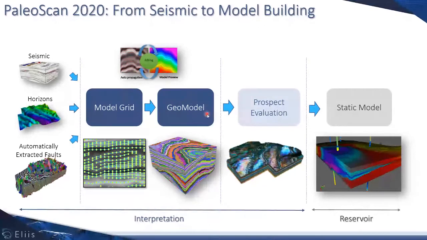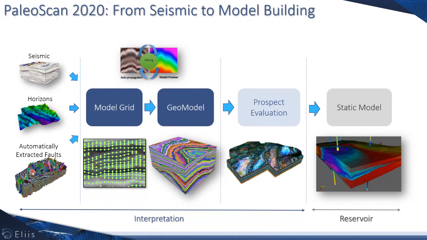So just to go back to the model grid, you can see that seismic, horizons and faults are very important, and especially faults, because if we don't include faults into the model grid, PaleoScan might do some wrong connections. So PaleoScan will make some mistakes. And when we include the faults into the model grid, PaleoScan will stop the propagation against the faults.